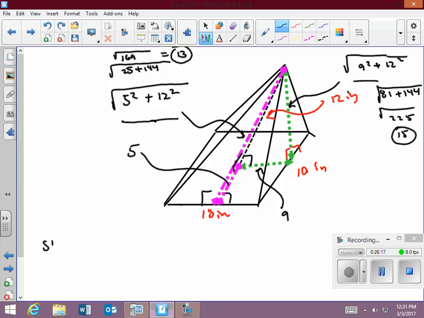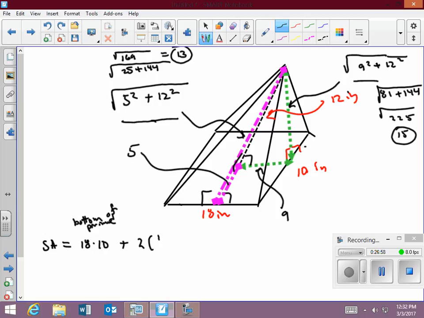So the surface area is going to be the area of that 18 by 10 base. It's the bottom of the pyramid. Then we have two sides; if we look at the one that has the 10-inch side, that's this side here.